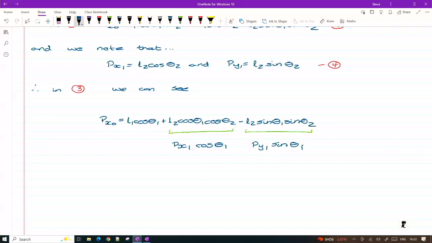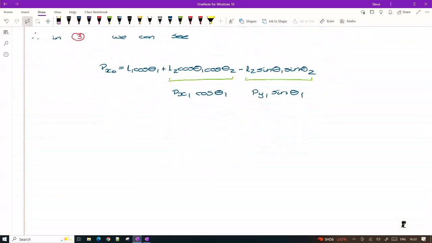Okay, so if we use that fact we wrote above, that px1 is L2 cos theta 2 and py1 is L2 sin theta 2, and we look back at equation 3, we can see that it can be rewritten as px1 cos theta 1, so just simple substitution into that. And I am going somewhere with all this, I assure you.